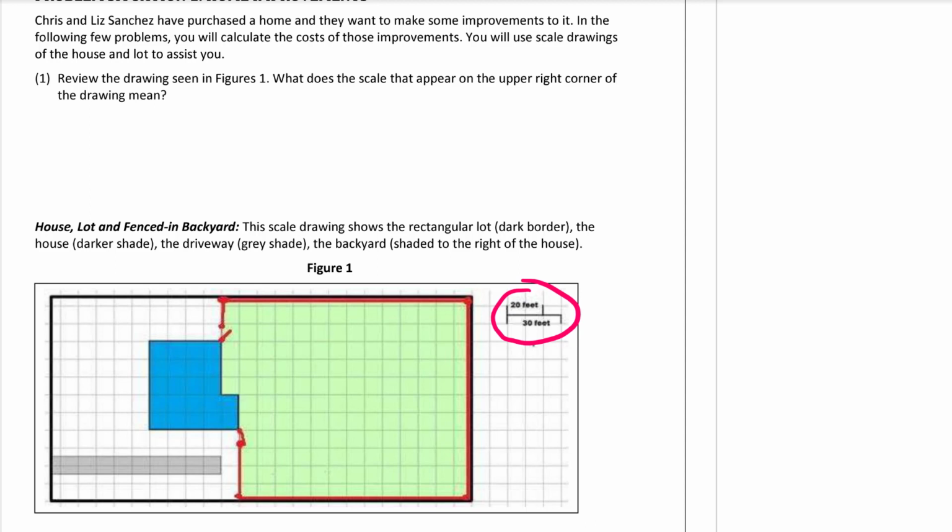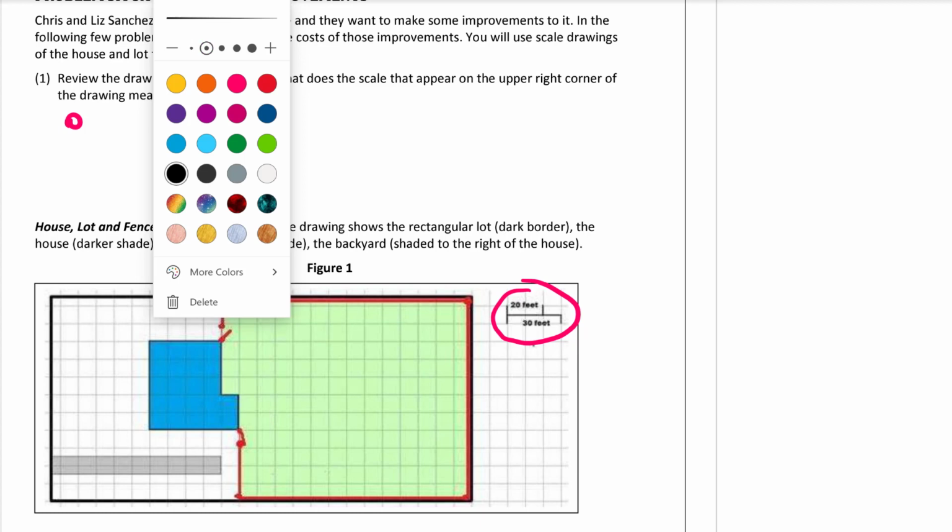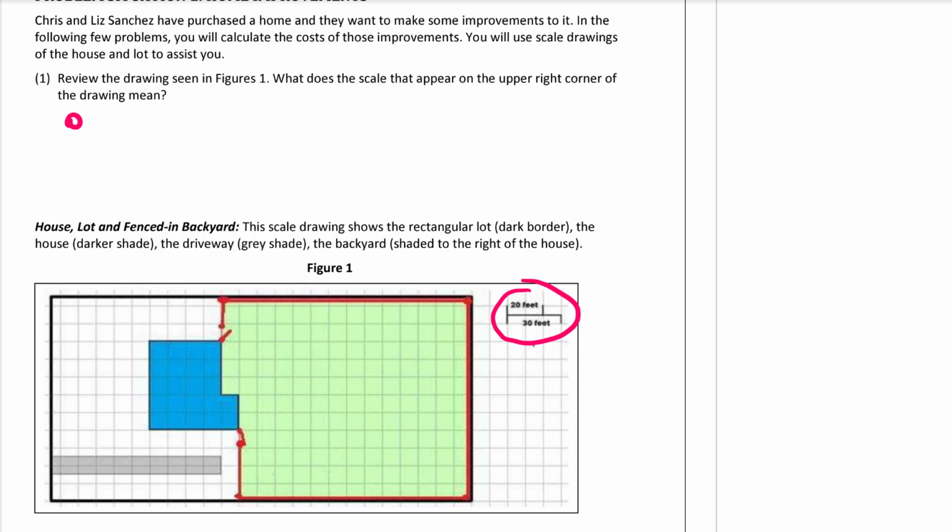All right, so if you look at this, 1 unit represents 10 feet.